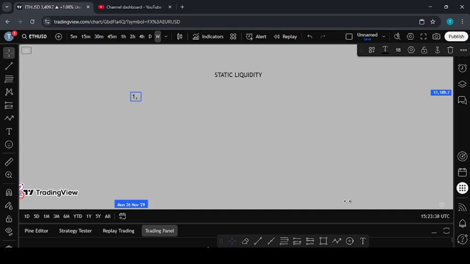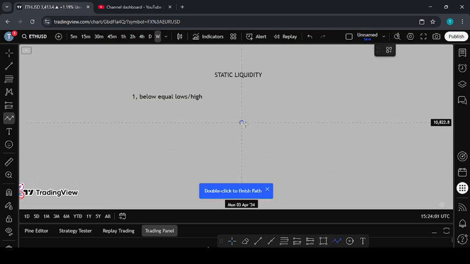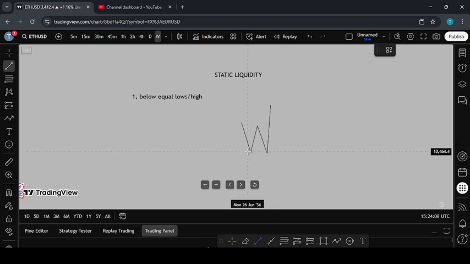You can find static liquidity below equal lows and highs. For example, what are equal lows and highs? Those are what you call a double bottom, when the market creates something like this, double bottoms or double tops, or triple bottoms.